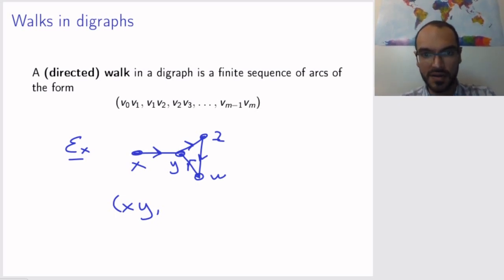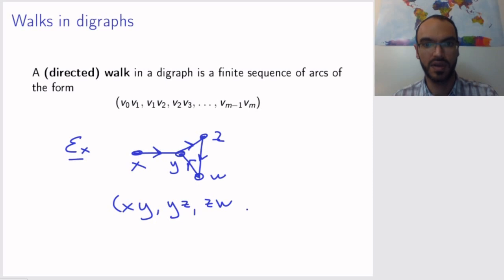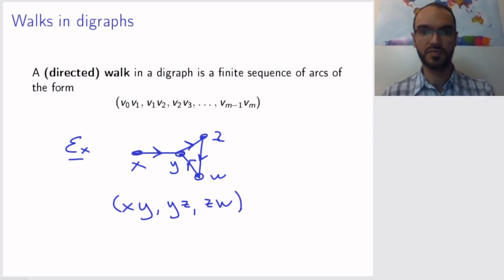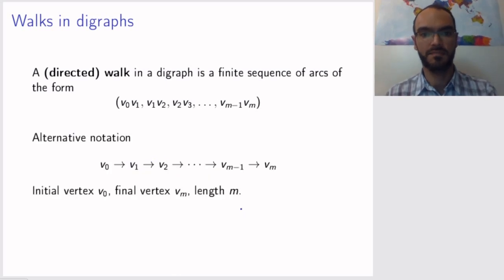From Y, I can go to Z. I cannot go to W because this is the edge WY. It goes in the wrong direction. So I cannot drive against traffic. So I have to go from Y to Z, and then I can stop there, or I can go from Z to W, and so on. So that is a walk, a directed walk in a digraph.